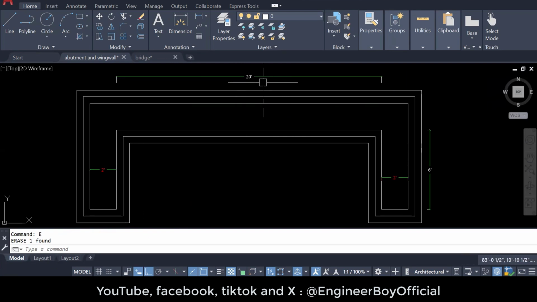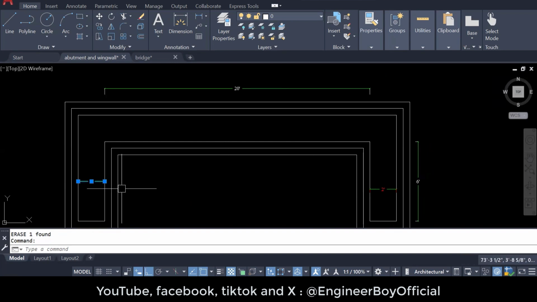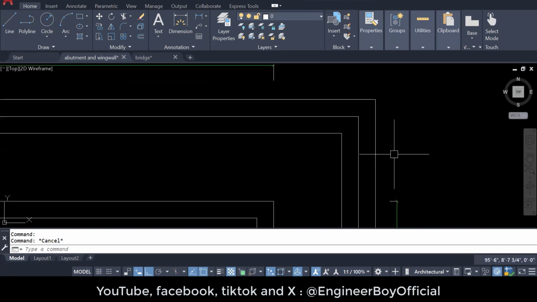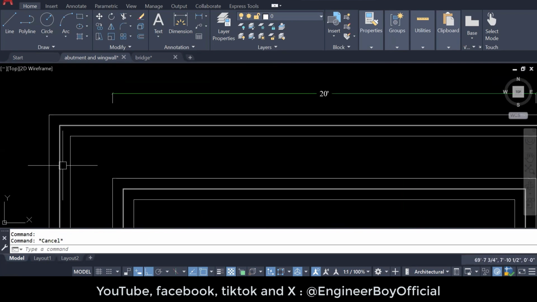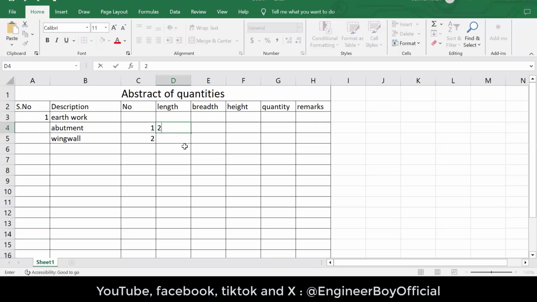It can be actually 20 feet, and then 2 feet for one side and 2 feet for another side. You can see these two things, okay? And then here we have 2 steps extra, and 2 steps on the other side, okay? It means I can directly say the length of the abutment for the excavation can be 26.